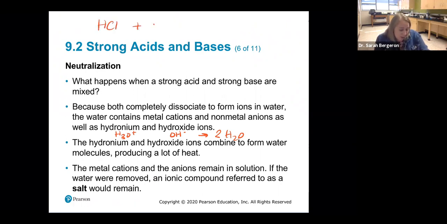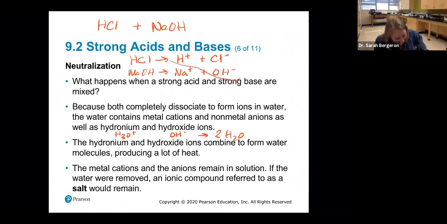HCl plus NaOH. What's going to happen, right? Well, I know my HCl dissociates into H+ and Cl-. I know my NaOH goes to Na+ and OH-. Well, what happens? Look at this.